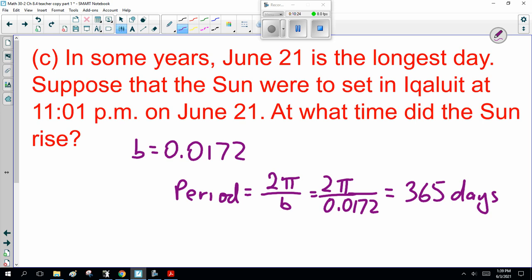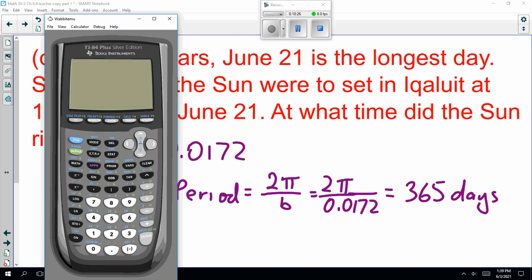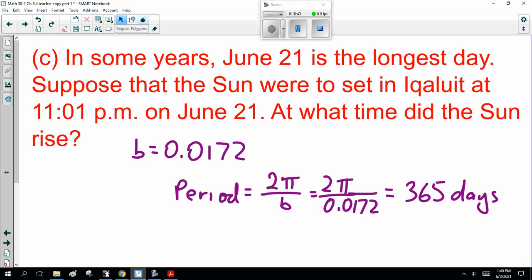The 2 pi over 0.0172 gives 365.3. Close enough. Probably 0.01719 something like that.